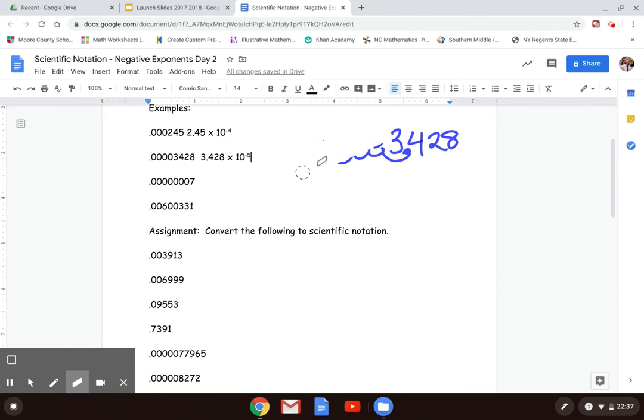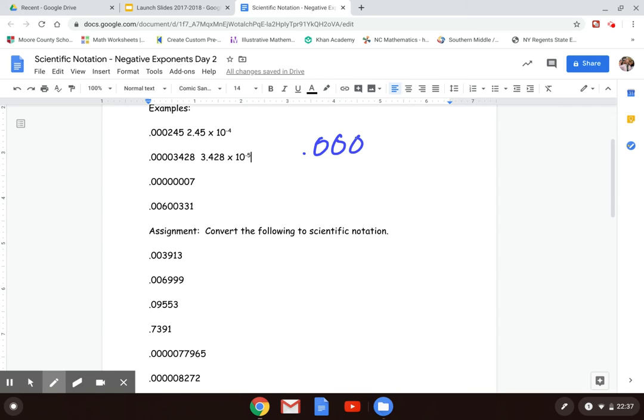Let's erase all that and look at our next one. Here I have the decimal, then 1, 2, 3, 4, 5, 6, 7 zeros, and then the number 7. I have the decimal here, so I move 1, 2, 3, 4, 5, 6, 7, 8 places till I have one number to the left.